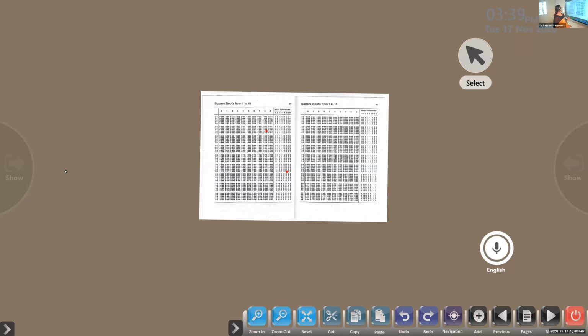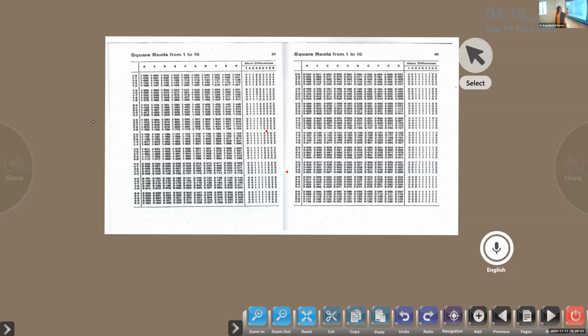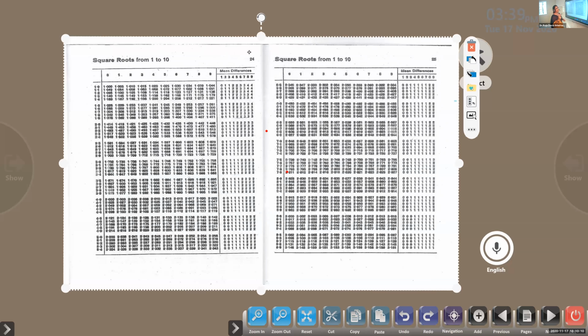Okay. Look. Square root from 1 to 10. If you look for square root of 2, see the answer is here. So square root of 2 you are getting from this, 1.414. So we don't have to calculate. I know that we have learned how to find square roots in small classes. Then square root of 3, you can find 1.732.